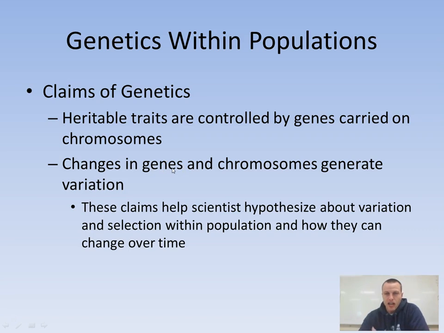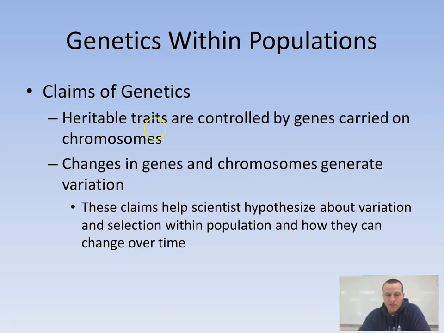If you look at a certain population, just look at your class around you and look at hair color, there's a wide variety of different hair colors within this class. If you look at eye color, freckles, non-freckles, whatever it might be, there's a lot of variation within populations.